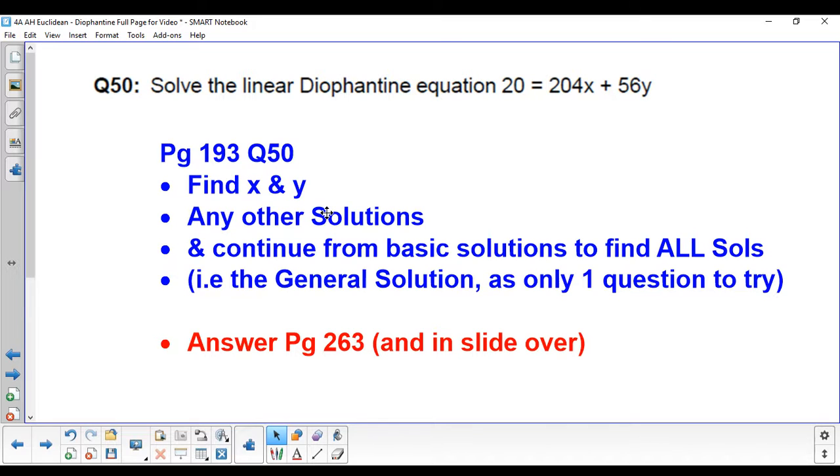I'm asking you to do more, find a general solution as well, because there is only one question. Go to page 263, and in the slide over there's an exam question, but I'll give you more exam questions so you can see they're all the same. And that's it.